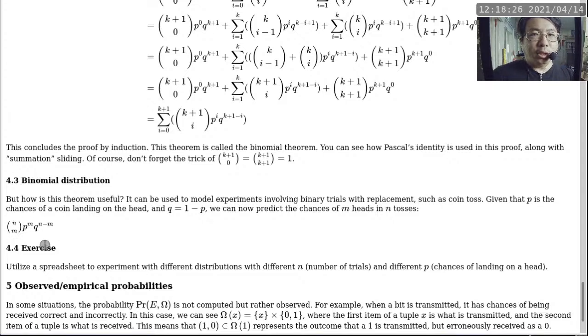This expression here is telling you the probability of the coin landing on the head m times over n total number of coin tosses.